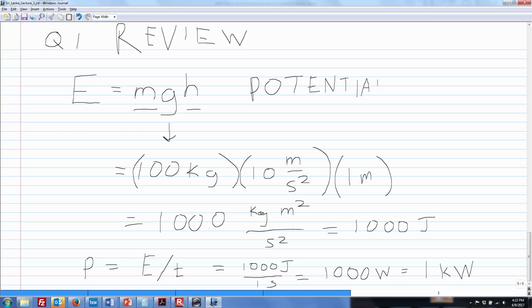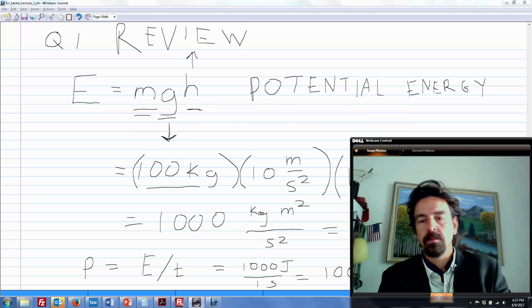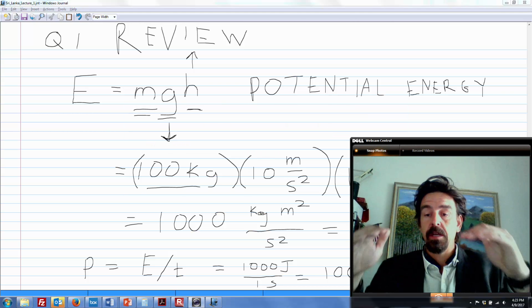Potential energy. So again, this energy is mass times gravity, which always points down, times height, which goes up, and that's potential energy.